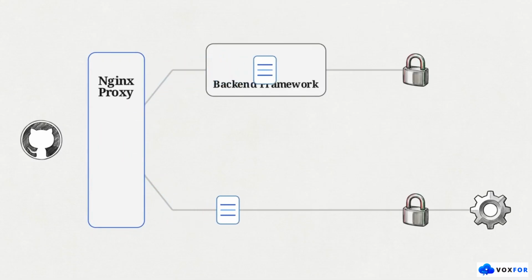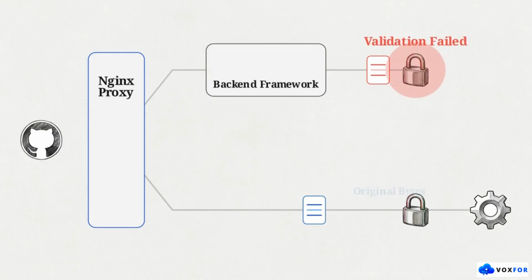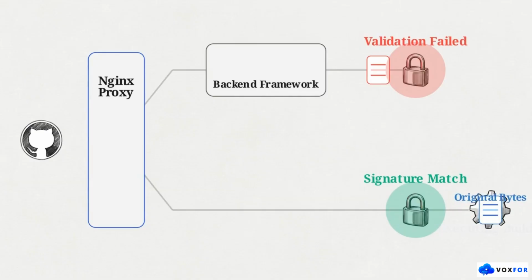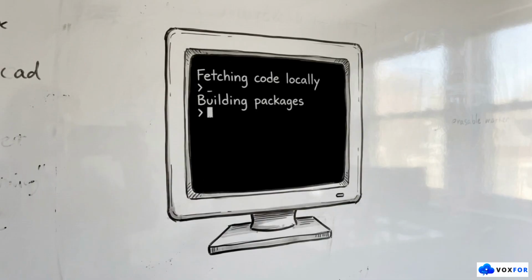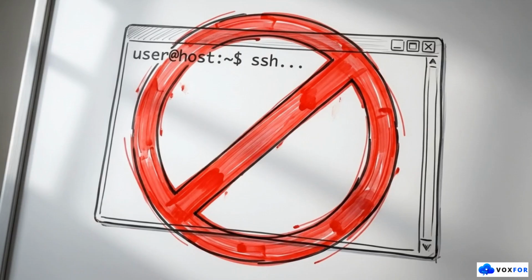It is a critical security error to validate a payload already mutated by backend frameworks. Instead, validate the exact original bytes against the HMAC signature to safely execute the build. While webhooks shift the computing burden to your local machine, they provide an air-gapped build environment. You never have to give an external CI/CD service SSH access to your server.